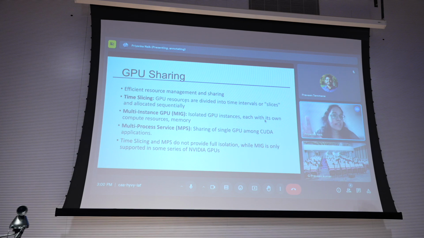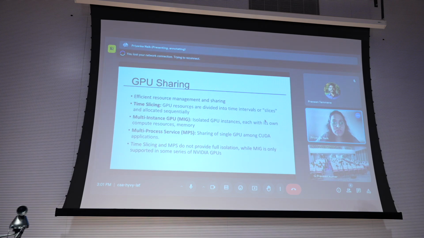The first technique is called time slicing. That is, you divide the GPU resources into time intervals, which provides fair utilization across applications that want to use the GPU resource.